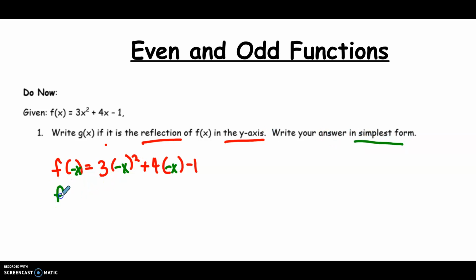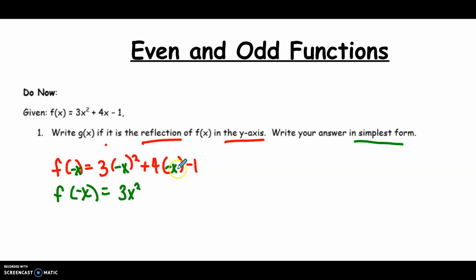So f of negative x is going to equal, when you have a negative x squared, that's going to be positive x squared. So guys, remember, order of operations, exponents first, then you multiply. So negative x squared becomes positive x squared, and you're left with 3 times positive x squared, so it's 3x squared.